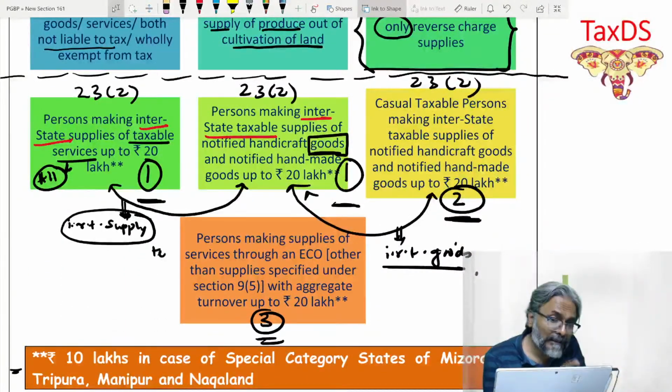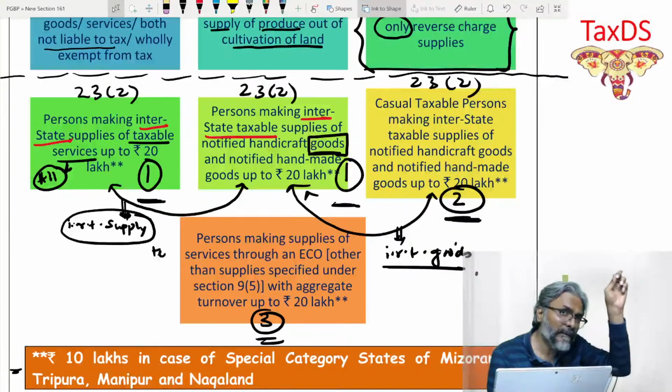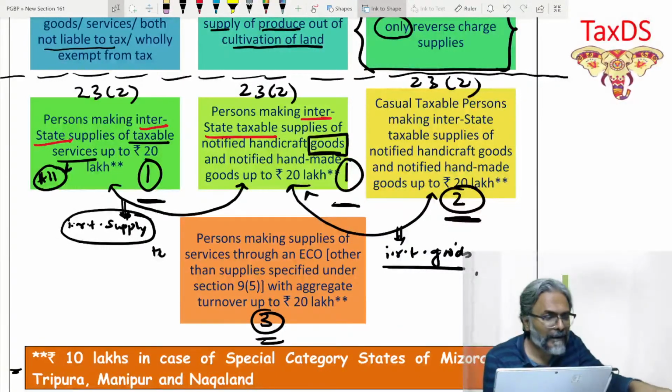Now come to the other particular cases of 23(2). This is where we have made certain linkage with the previous section 24, wherein subject to this, the exemptions are being provided in this regard. What exactly is it, students? If you see in this particular context: a person making interstate supplies of taxable services up to rupees 20 lakhs.